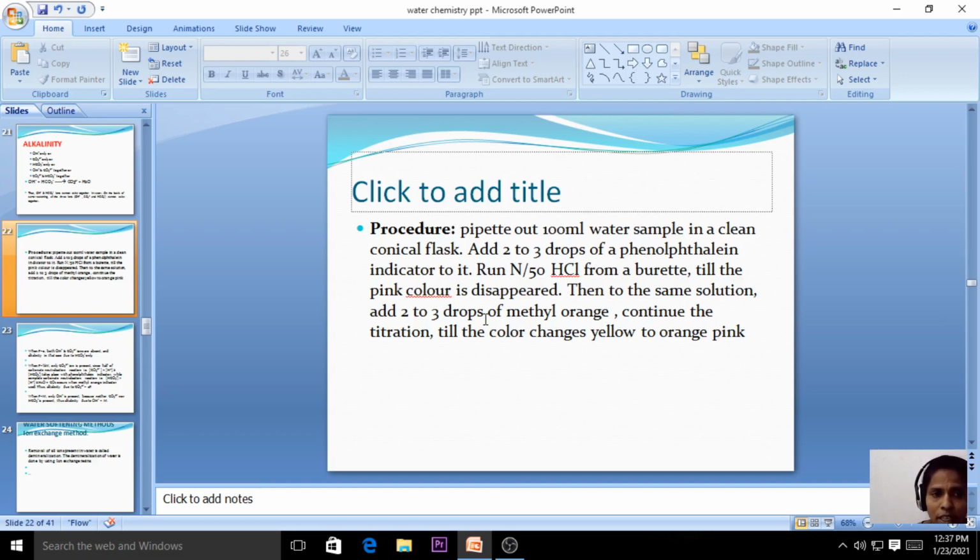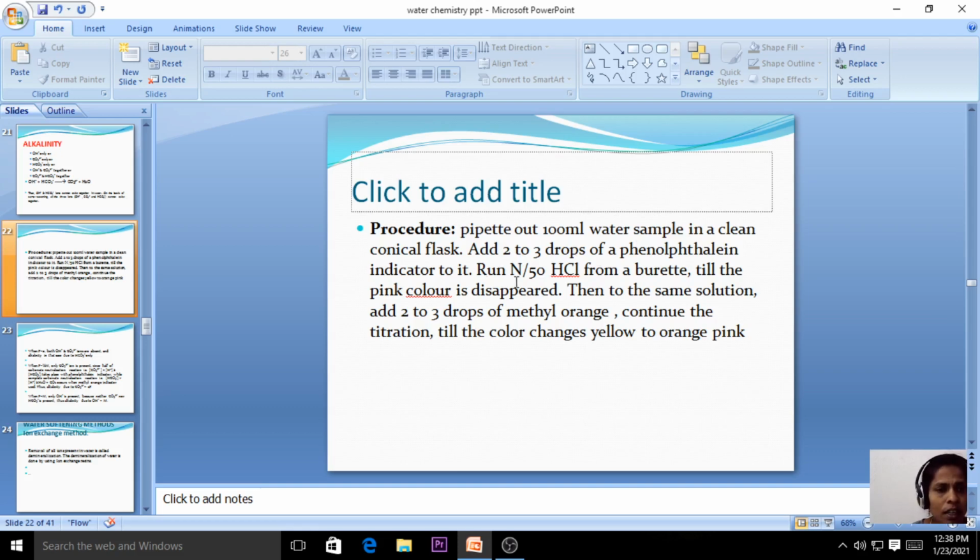But our aim is to identify only bicarbonate, so we need to subtract the carbonate to get the bicarbonate. Like that, we are using two indicators to identify carbonate and bicarbonate. So initially in the burette we fill hydrochloric acid. Pipette out 100 ml of water sample into a clean conical flask. Add 2 to 3 drops of phenolphthalein indicator to it.